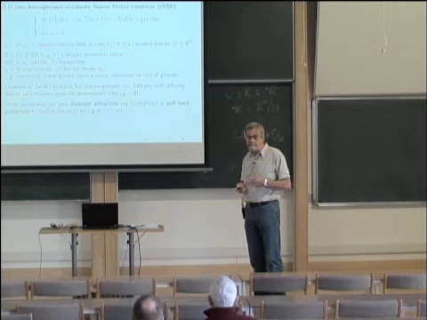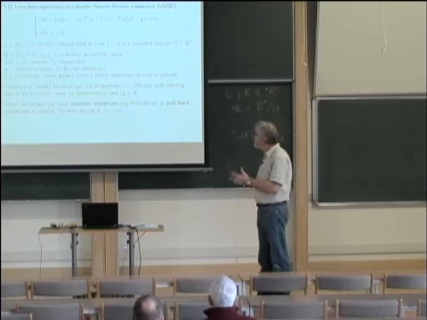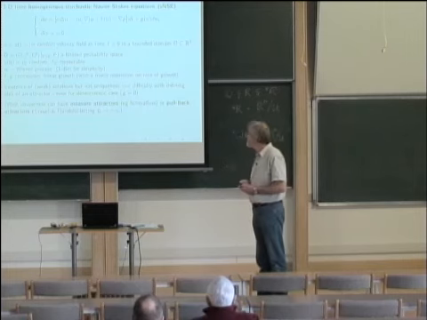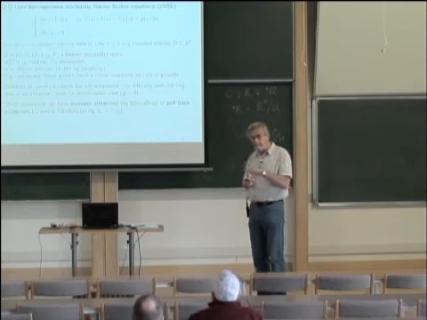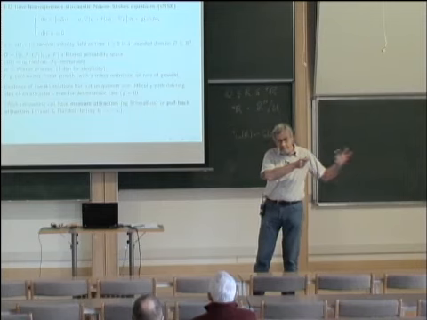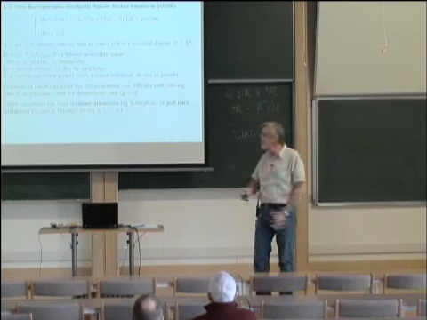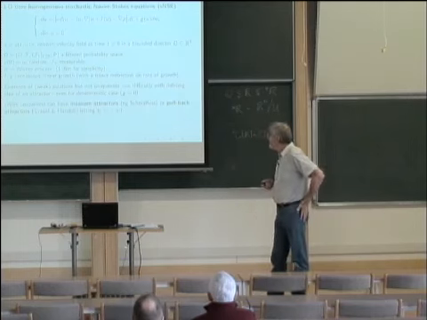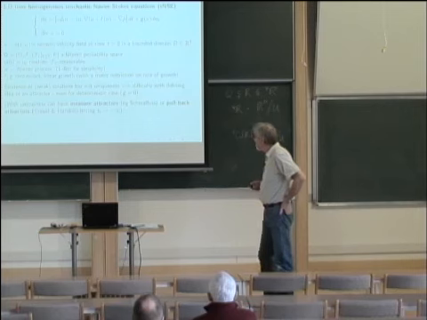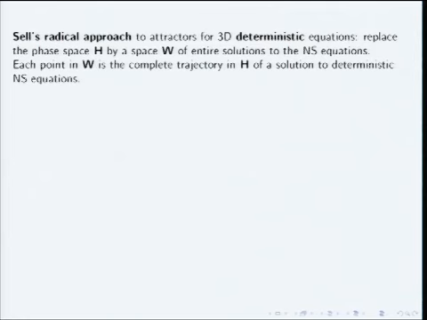With uniqueness, which you have in 2 dimensions, you can have different kinds of attractors, measure attractors, attractors where you're pulling the whole process, not going forward into infinite time, but you're going backwards to negative infinite time and seeing what happens at time 0. Flandoli and Crauel developed that idea. But in 3 dimensions we can't do that.